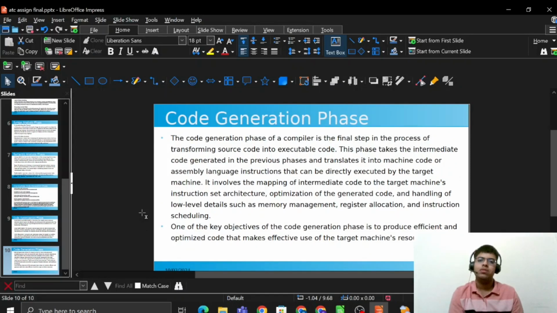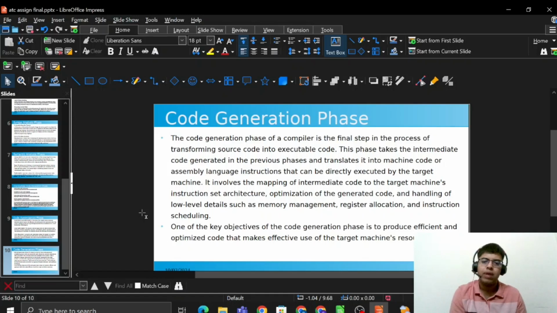So the last phase is the code generation phase, which is the final step in transforming source code into executable code. In this phase, it takes the intermediate code generated in the previous phases and translates it into machine code or assembly language instructions which can be directly executed by the target computer.